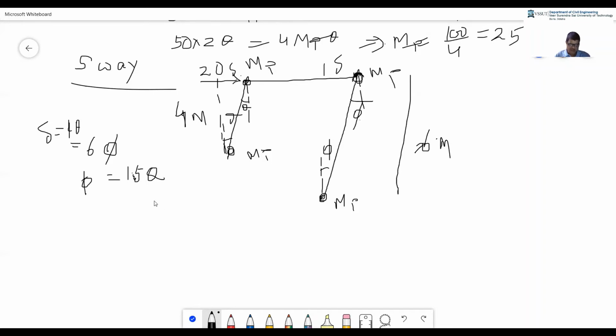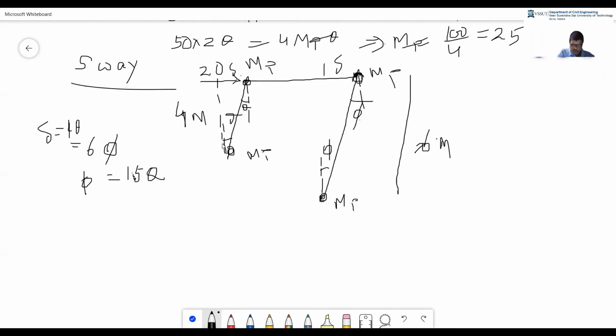Now what is the work done? External work done will be 20 into delta. Delta is equal to 4 into theta.